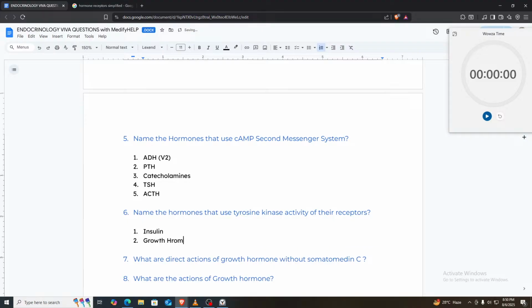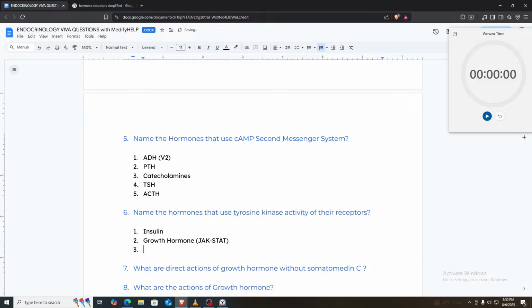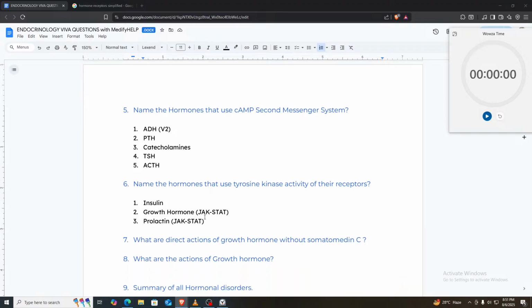That's the famous pathway called JAK-STAT, and then you have prolactin, right? Prolactin, for example, that's also JAK-STAT. I think we're good enough.